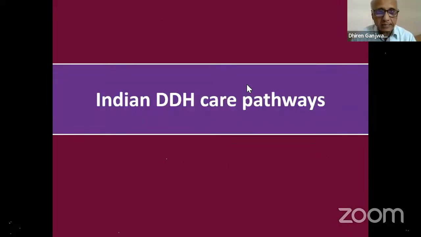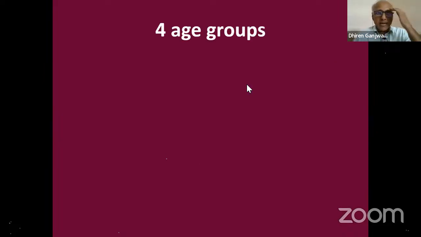So now let us understand the DDH care pathway in very simple terms. I know that it's a bit difficult to understand at first glance, but I will try to give you an overview. If you are really interested, you can go to www.posi.in and download this guideline free. According to this guideline, it's divided into 4 age groups.